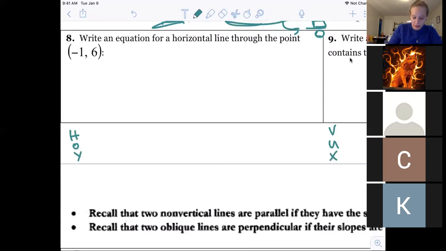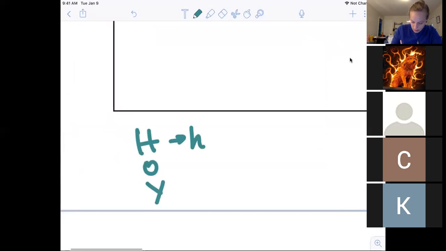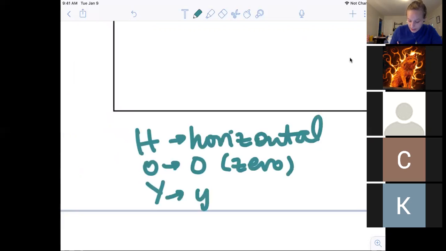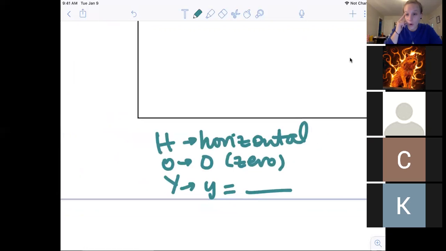The H stands for horizontal. The O is a 0, which means that my slope is 0. And then the Y helps me remember that it's a Y equals equation. So if I remember hoi, then I can remember that horizontal, 0, and Y equals all go together. Hoi, horizontal, 0, Y equals.